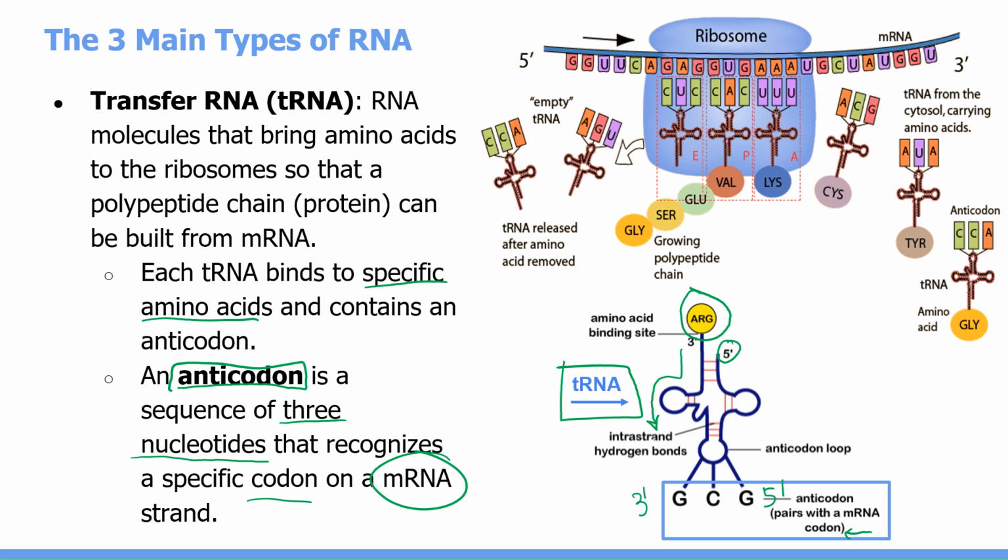Notice that the mRNA codon is being read by the ribosome from the 5' to 3' direction. So again, the 3' to 5' is complementary once we reverse the structure there. So it complements the mRNA.